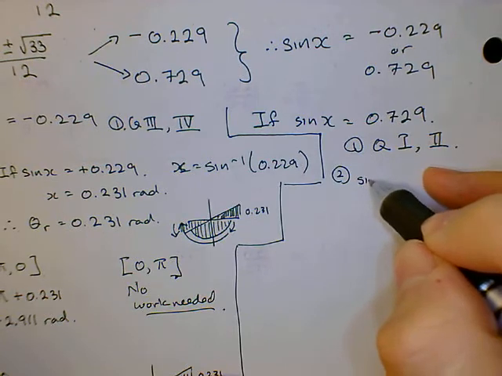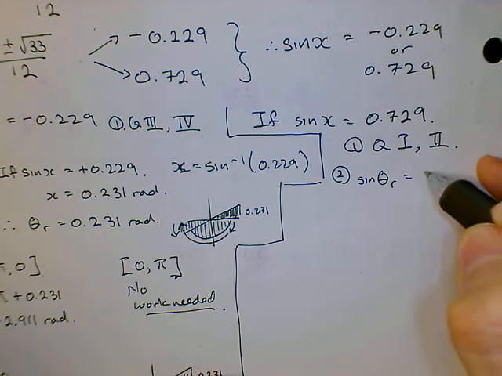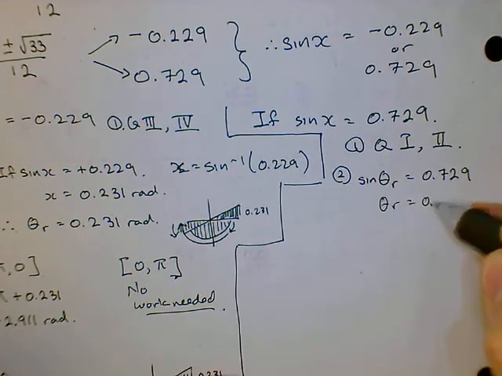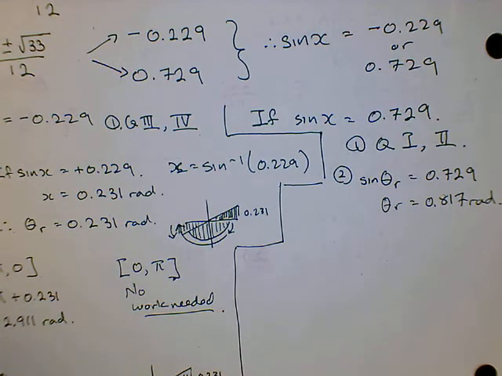Well, if sine of the related angle happened to give me a positive 0.729, my related angle would be 0.817. Thank you. That's great.